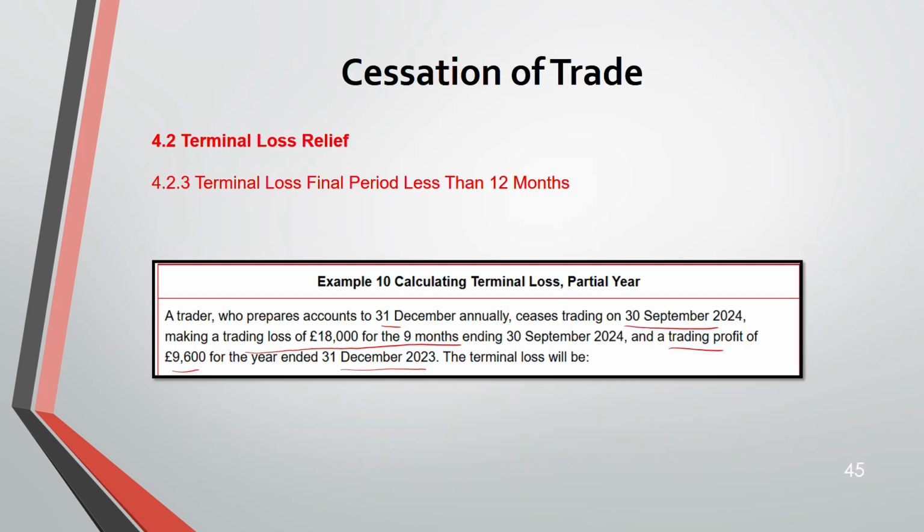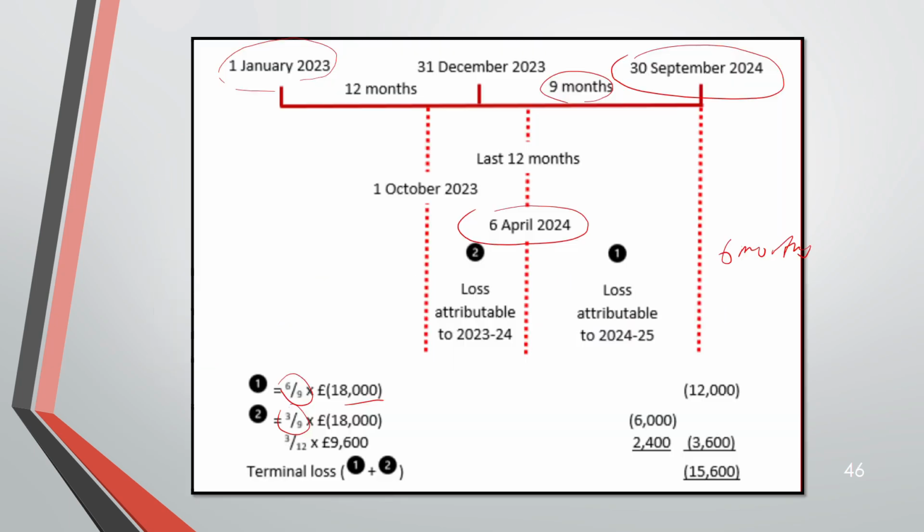So if you go back, when you are making the trading profit of 9,600 for the year ended 31st December 2023, from January to December, when you're making the profit you can take 12 months. But you have to take from 3 months.